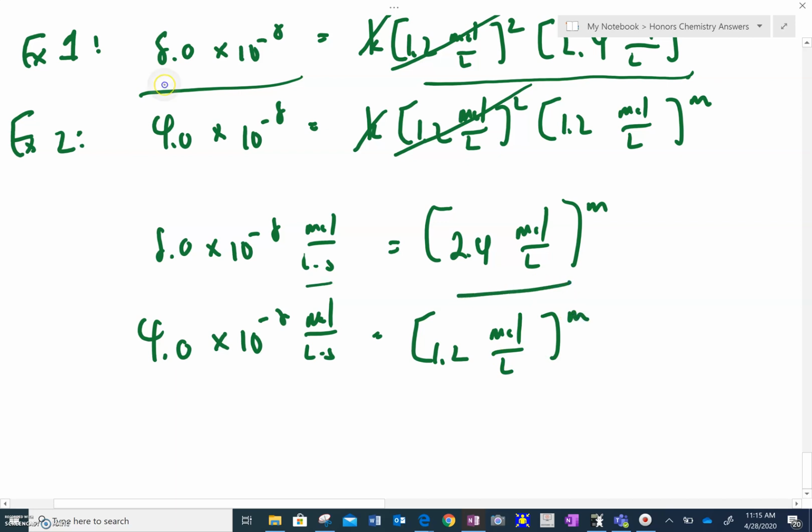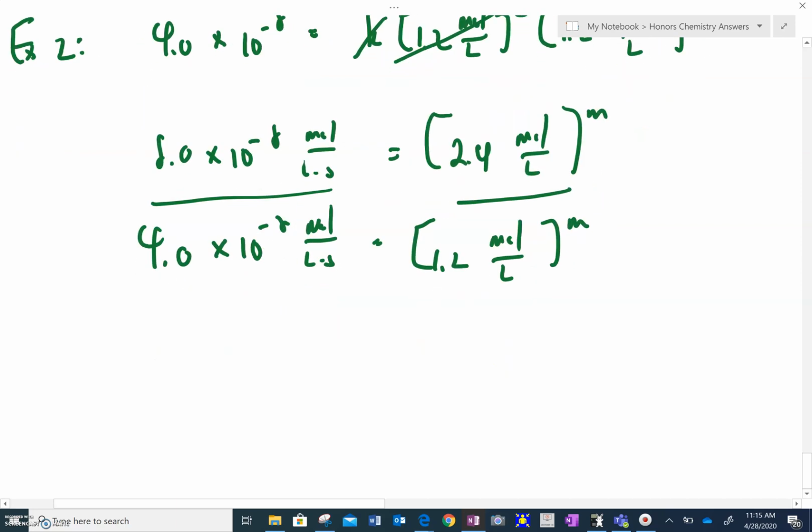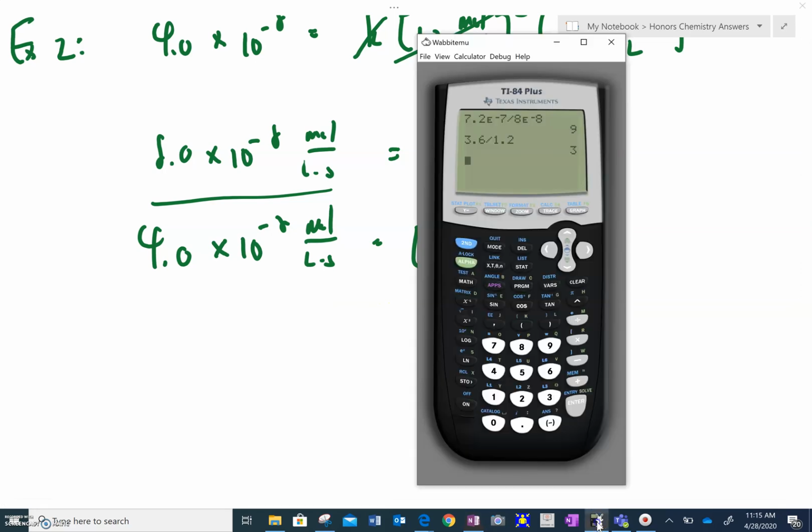Now, I don't know if you guys need a calculator for this one. I'll do it with one just to be sure. But here is 8 times 10 to the negative 8 divided by 4 times 10 to the negative 8.